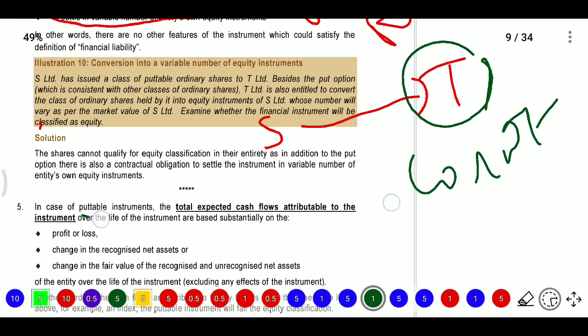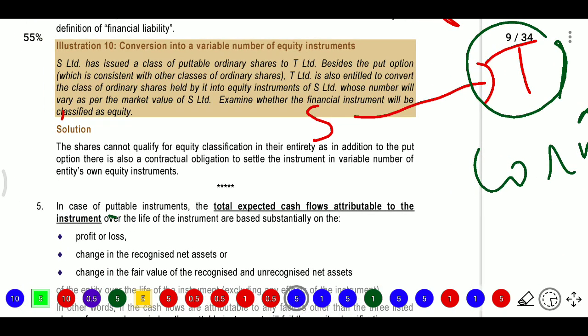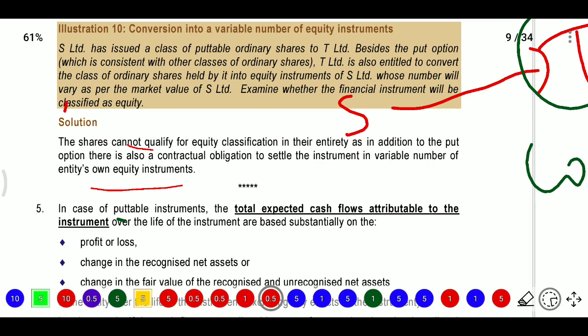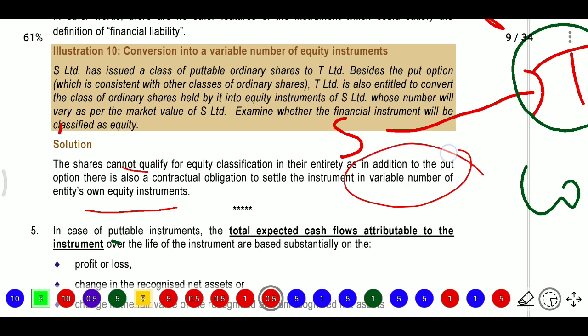Examine the financial instruments. The shares cannot qualify for equity classification in their entirety, as in addition to the put option, there is also a contractual obligation for settlement in a variable number of shares.